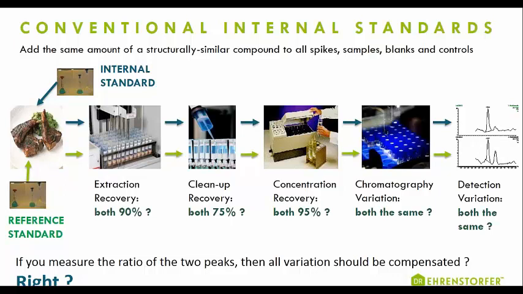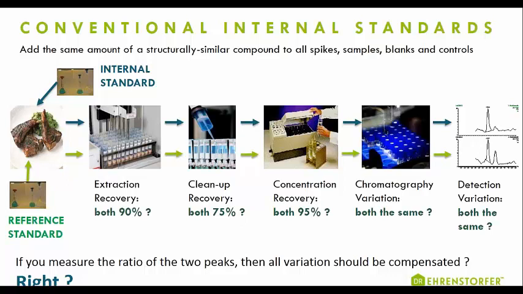A conventional internal standard is a reference standard of something that is structurally similar to the analyte, but would never be found in the sample. So, for example, if you were looking for a veterinary antibiotic residue in meat, you might use a human antibiotic as an internal standard. You add the same amount to everything: samples, calibrants, and blanks.